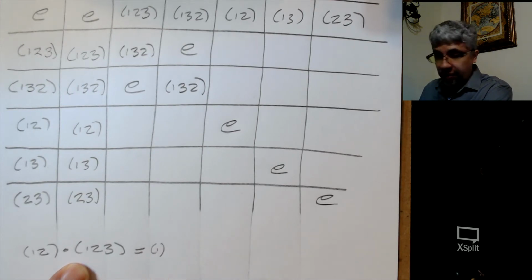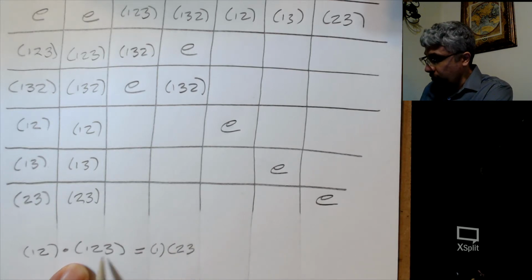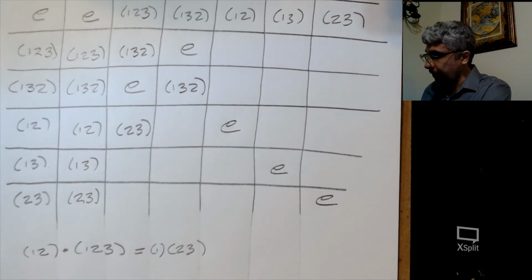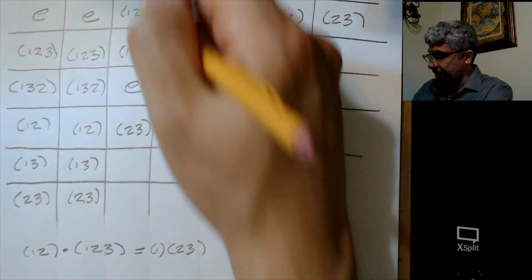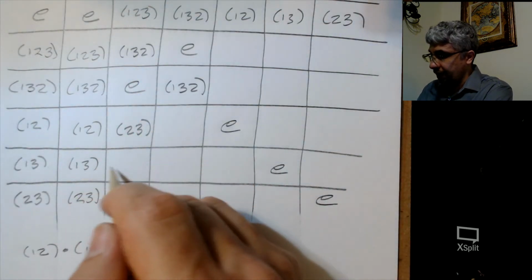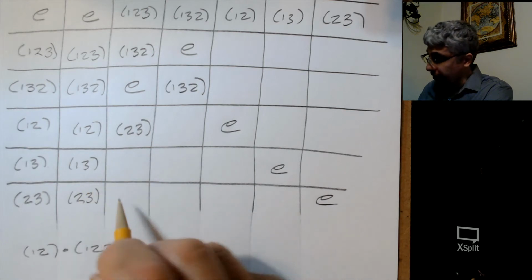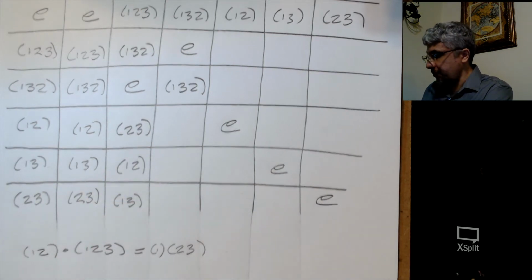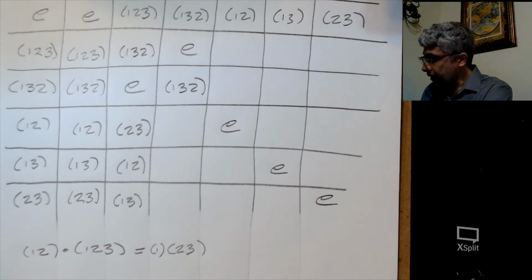I could write it or not write it, doesn't matter. 2 goes to 3, which stays at 3, and 3 goes to 1, which goes to 2. So this is (2 3). Okay, now what else do I have in this column? Well, I have to put (1 3) somewhere, and I can't put it in the same column as a (1 3), so (1 3) has to go here, and (1 2). So yes, we just played a little bit of Sudoku there.